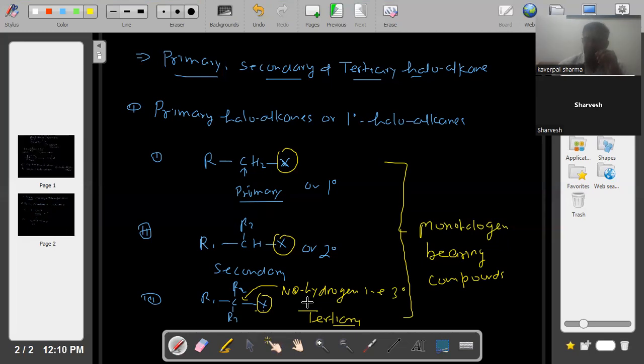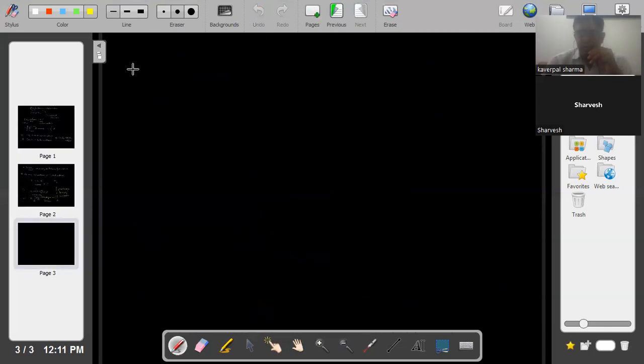Now, generally, you have to learn the common names also. They are very important, and questions are also asked in such a way. That is gem dihalides. Now, what are gem dihalides? That is a common name.